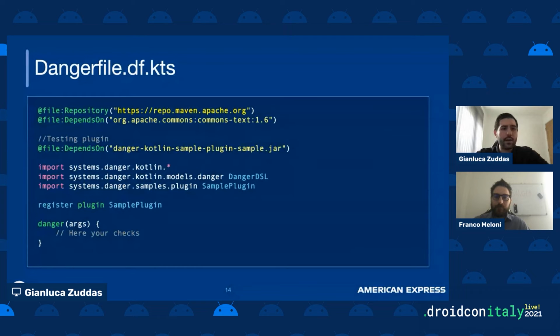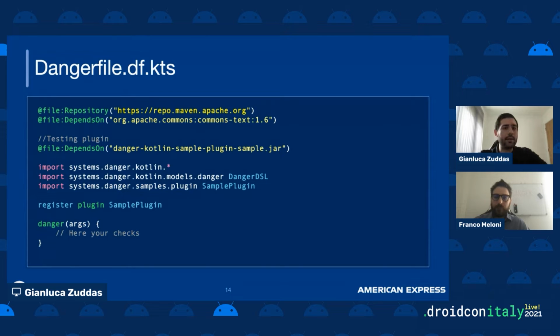And this one is a Danger file, where basically the magic happens. Danger files are the places where you can write your own rules, and the file, as I explained already before, is compiled by Danger.